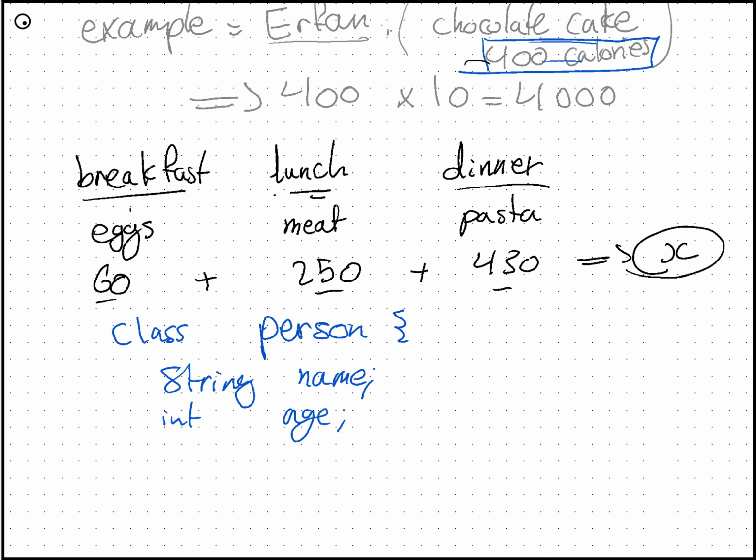Total calorie consumption for breakfast, lunch, and dinner all together. Right, but she doesn't know that, right? She knows her lunch, breakfast, and dinner. So instead, she could have three fields: breakfast, lunch, and dinner, and they can all potentially be of type food.